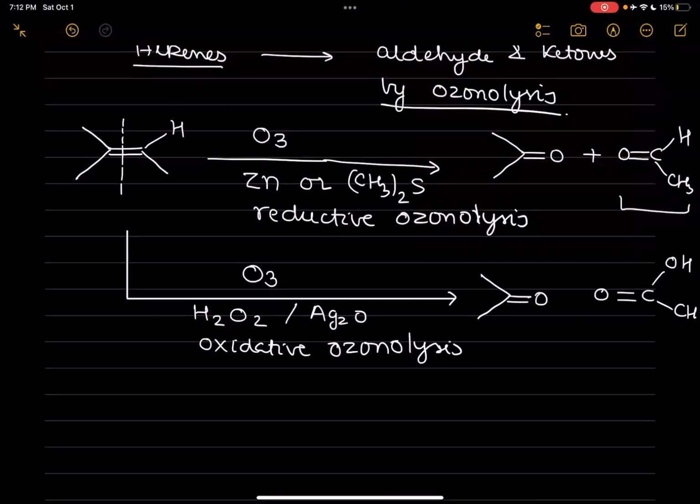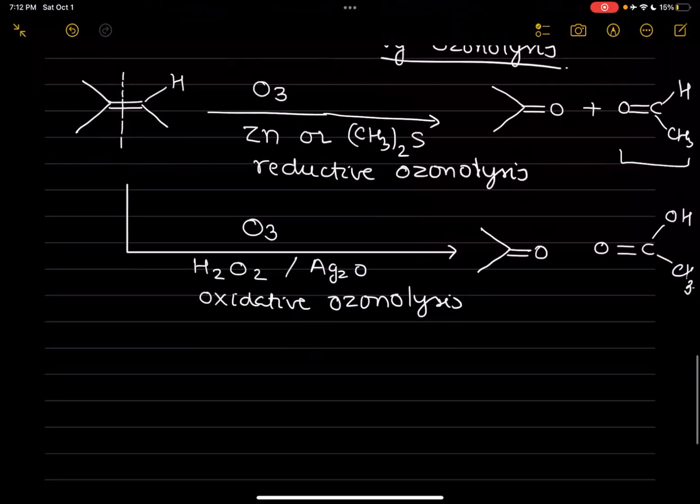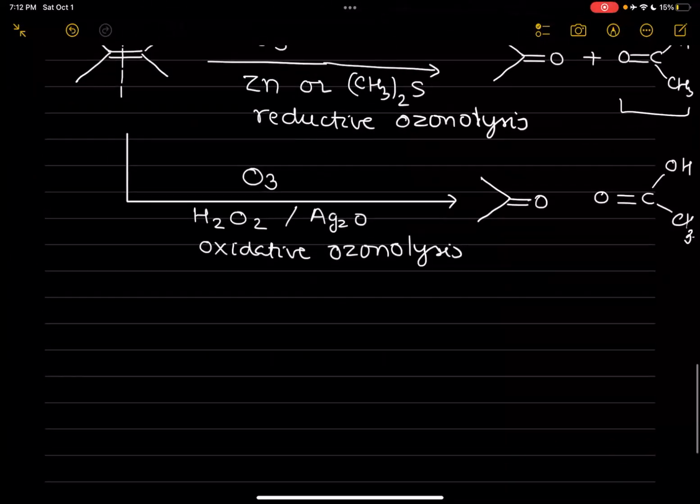In oxidative ozonolysis, you need to cut the double bond, and if any aldehyde is forming, you can oxidize it to carboxylic acid, right? Is it clear what I'm trying to say? Yes. So that is the most important difference between these.